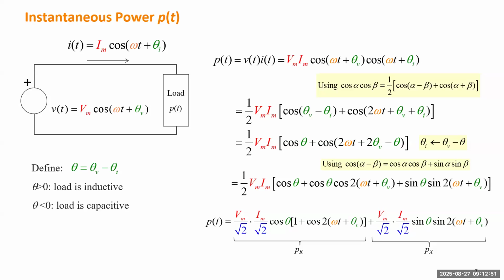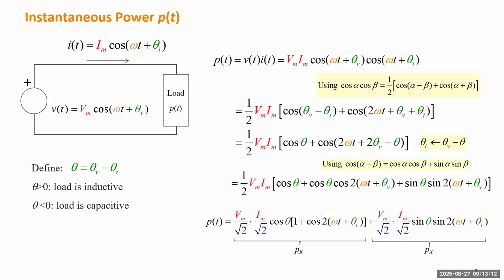Another angle, theta, is the angle by which the voltage is leading the current, which is the angle difference between the voltage and current phasor. If we know this expression, we can know exactly how the instantaneous power changes in the time frame.